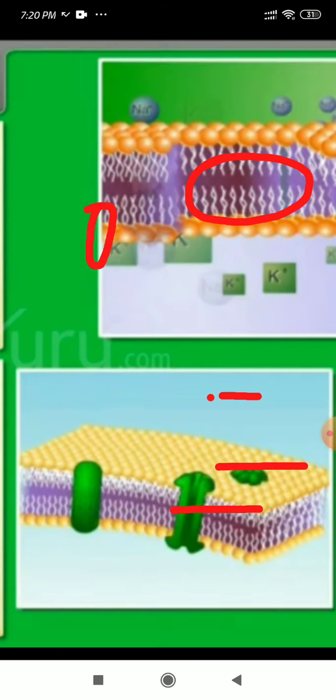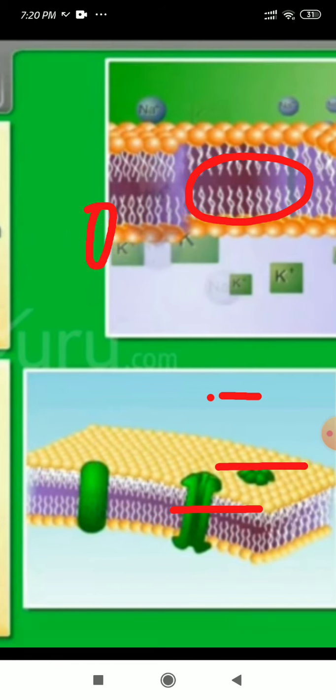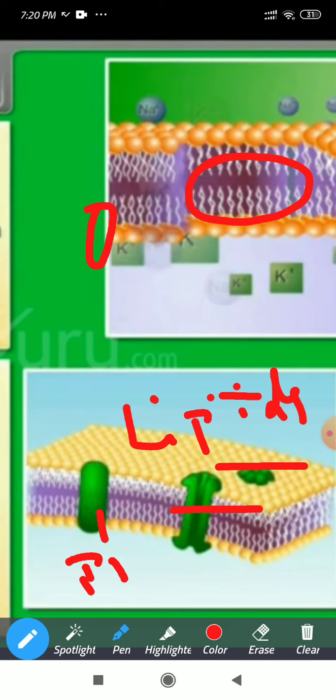See here, whatever yellow structures you are seeing, these are the lipids. And the dumbbell shaped green structures we call proteins.